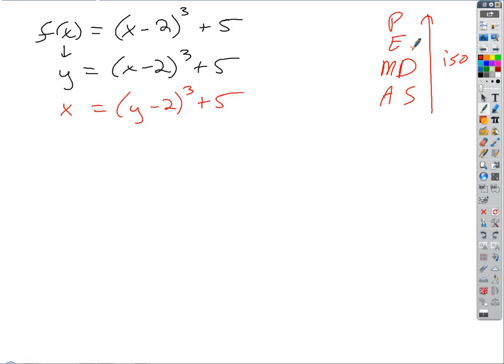How do you think you undo a cube? Yeah, we're going to take the third root of both sides. You undo something cubed by cube rooting it. So first step, we get x minus 5 equals y minus 2 cubed. Now we're just going to cube root both sides, and the cube root and the cube cancel.